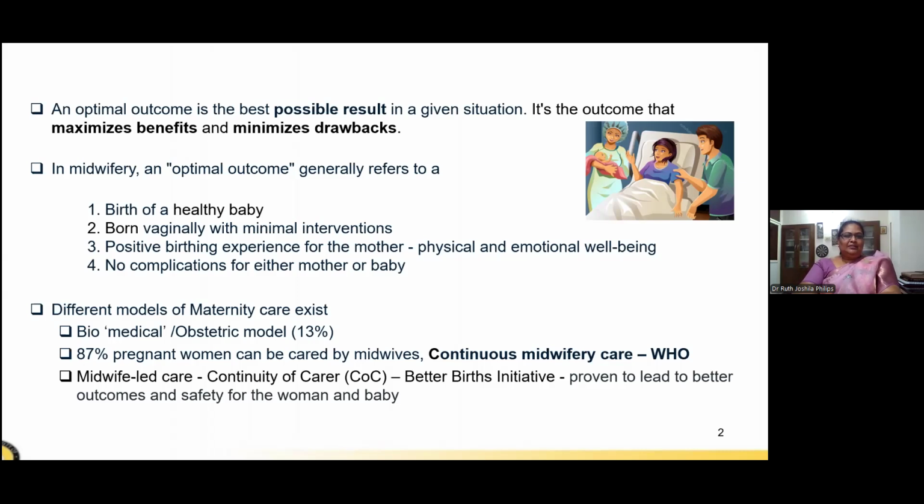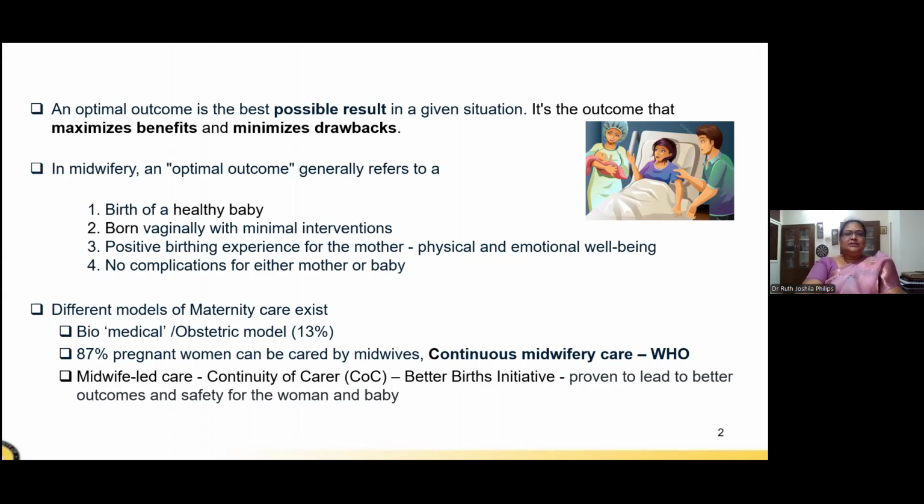This lead midwife is supported because it is not humanly possible for one midwife to attend to the woman all through the 9 months or the 40 weeks of pregnancy. So they are usually backed up with buddy midwives. They act and work in teams and they provide continuous care to this woman.